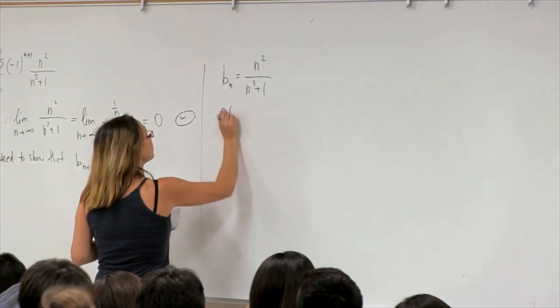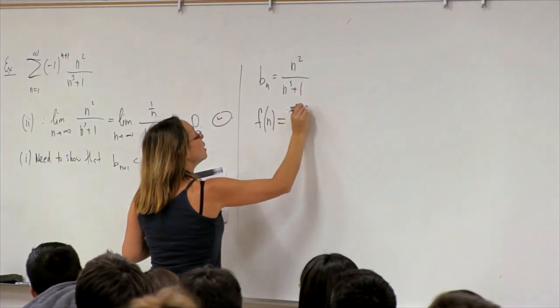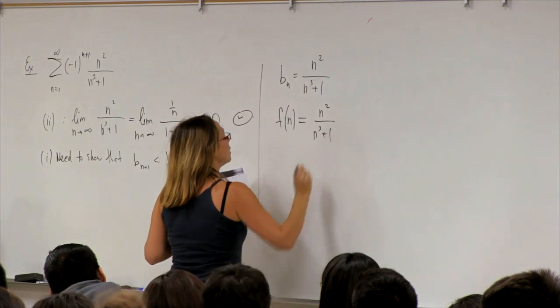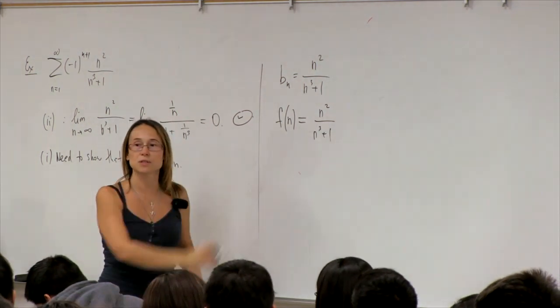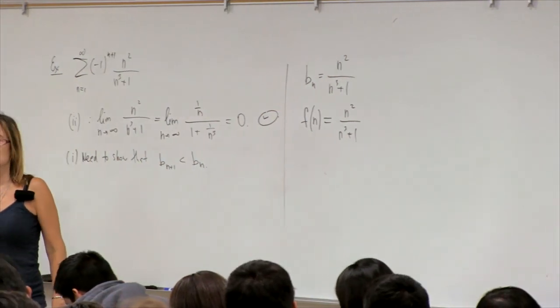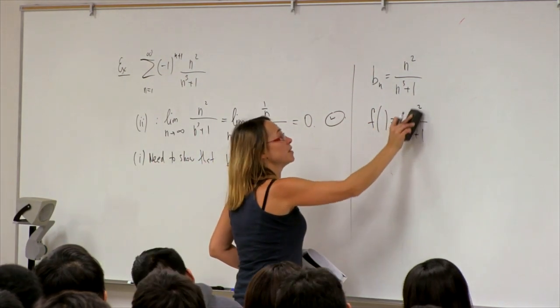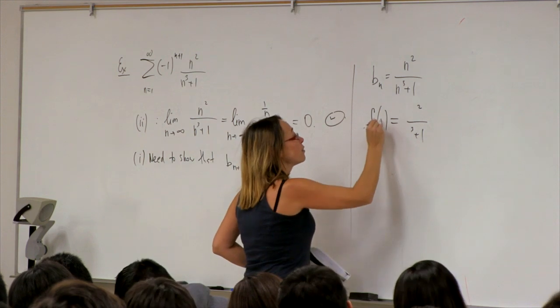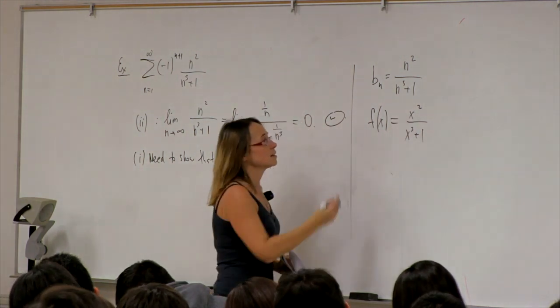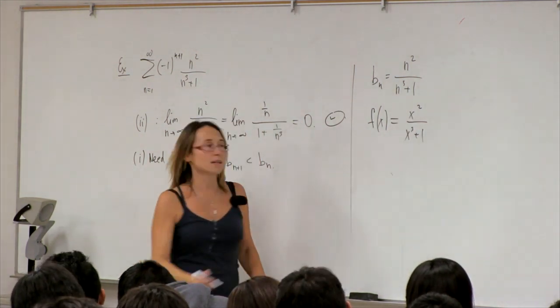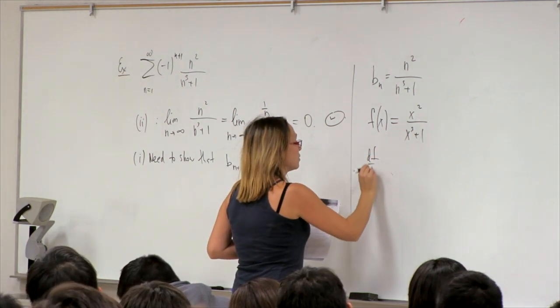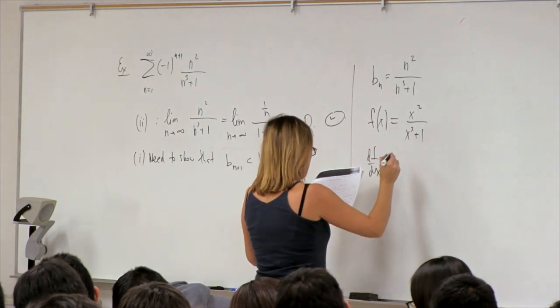So we're going to look at the function f of n and take the derivative. If it's a function of a continuous variable, well, actually, this is a little bit confusing. Let me replace the variable with x. Okay, f of x. To see whether this is decaying, let's take the derivative, df dx, right?